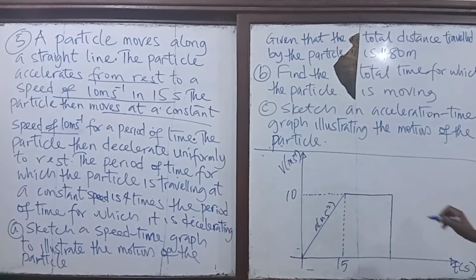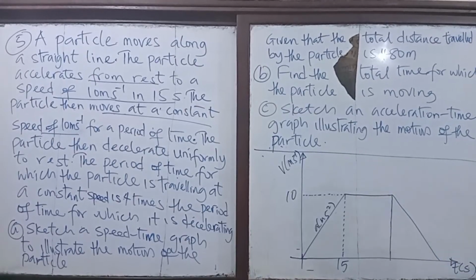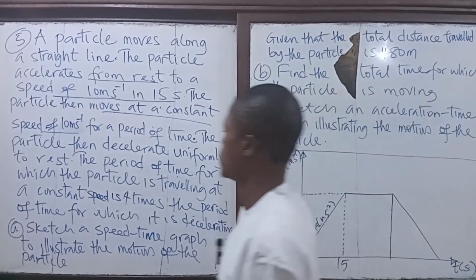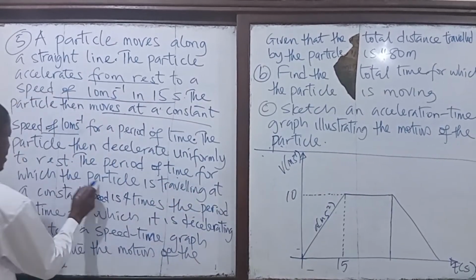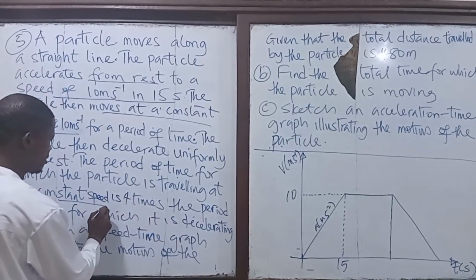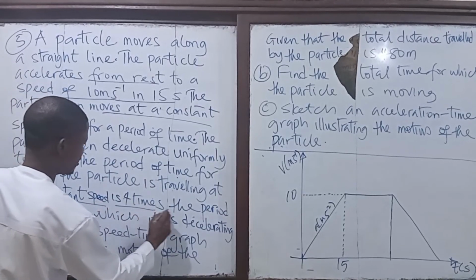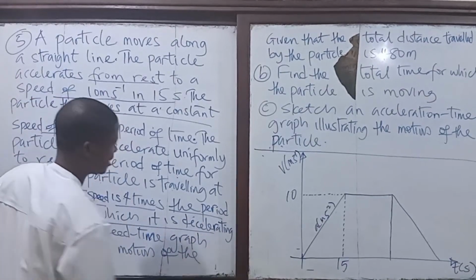The particle then decelerates uniformly. The period of time for which the particle is traveling at a constant speed is 4 times the period of time for which it is accelerating.